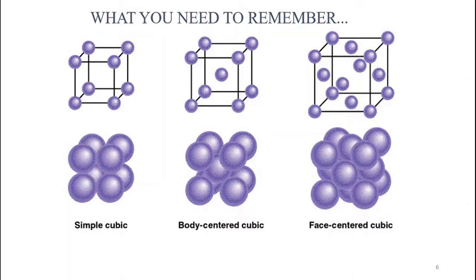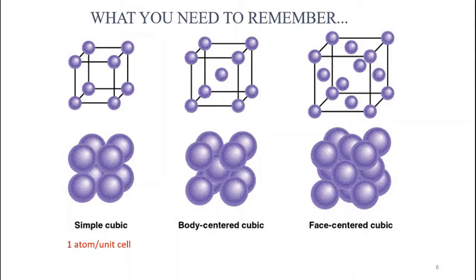We just need to remember that many solids are packed in a form that is represented by 3 different kinds of cubic unit cells: the simple cubic, the body-centered cubic, and the face-centered cubic unit cells. All I need you to remember is what is the difference between the arrangements, and then how many atoms or particles we pack per unit cell.